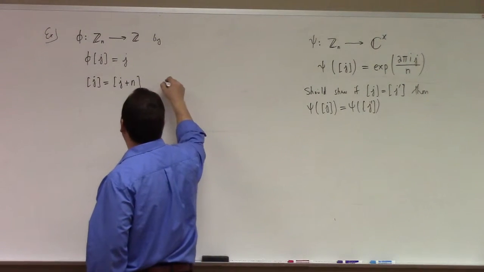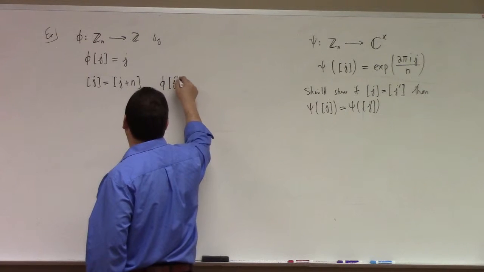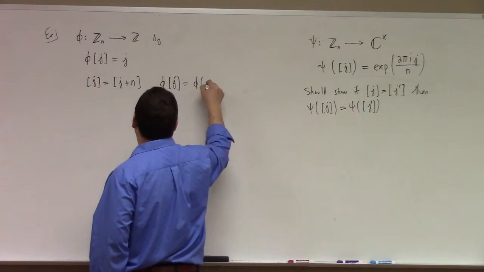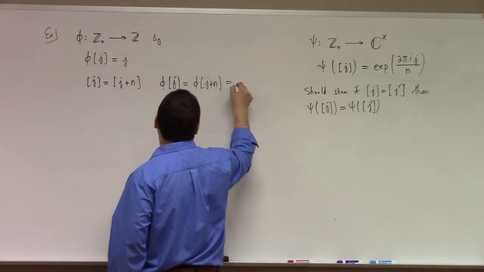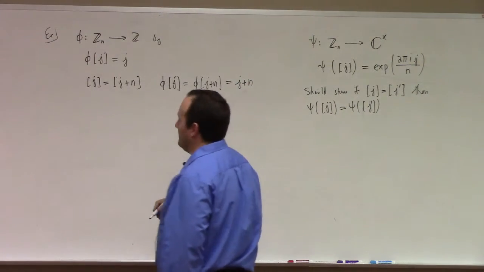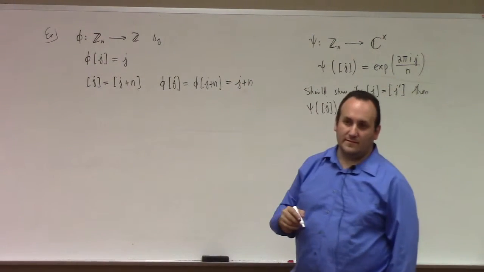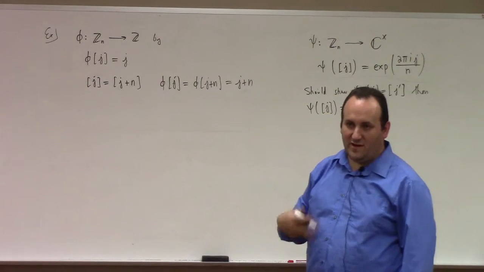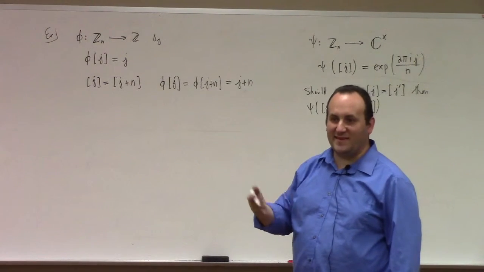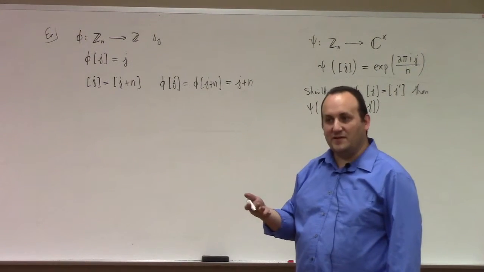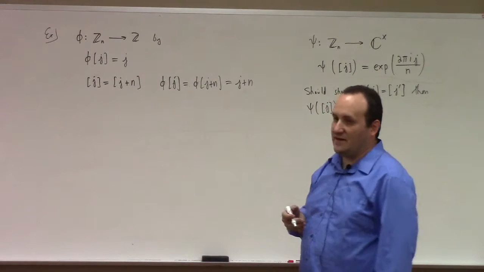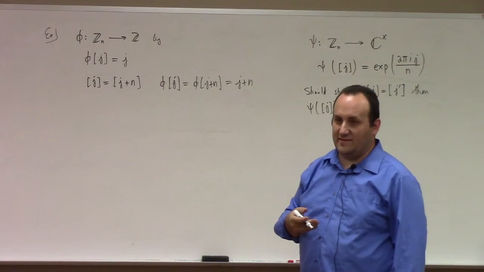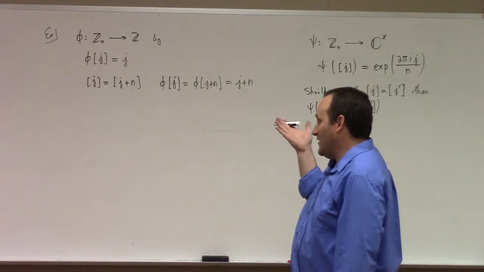So phi of j would be phi of j plus n, which would be equal to j plus n. And my use of equality in functions starts to become a problem because it's not single valued. This phi I just wrote is not a function because that formula doesn't output just j.